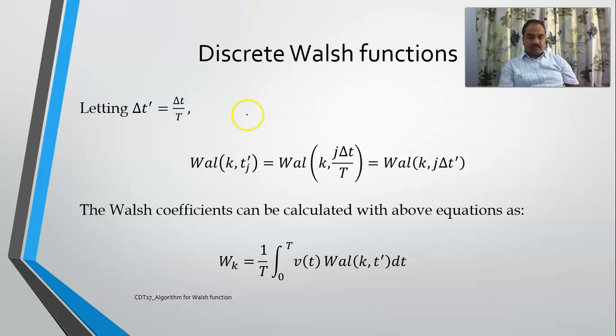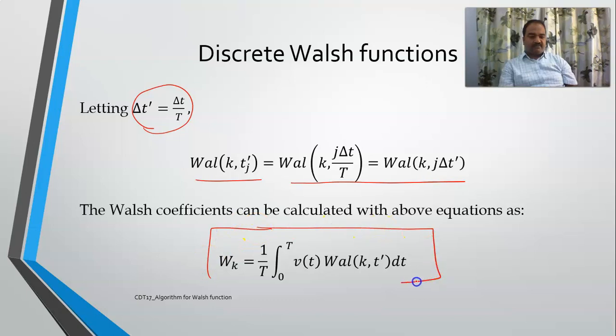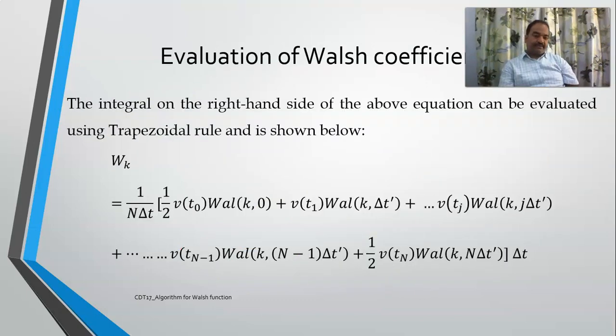I am taking the previous assumption from the last class, delta t dash is equal to delta t by T. So this is my Walsh function, and the Walsh coefficients are now obtained using this particular revised expression which we have seen in the last lecture itself. Now how do we determine these Walsh coefficients when we have discrete data instead of continuous-time data?